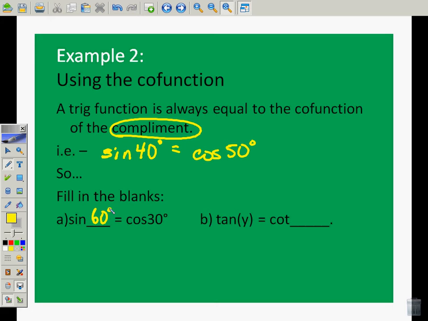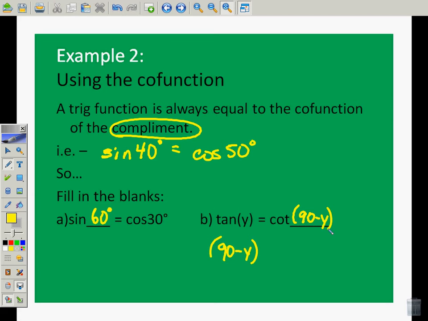If theta, x or y, whatever the angle happens to be, is unknown, we remember that the complement of y is 90 minus y. So this is going to be the cotangent of 90 minus y. Okay, guys, you see how this works? Okay, and so when I'm talking about cofunctions, I'm talking about the opposites are equal if we're taking the function of the complement, okay?